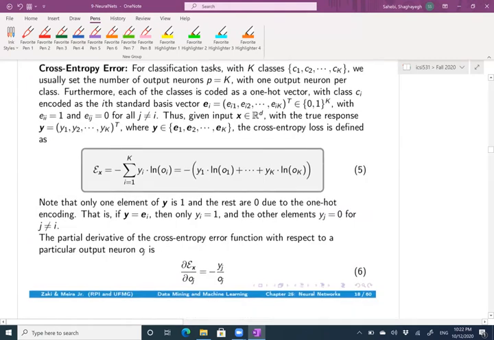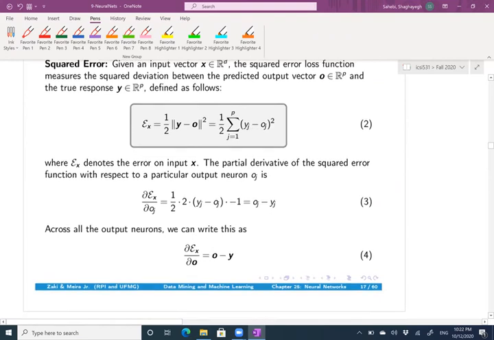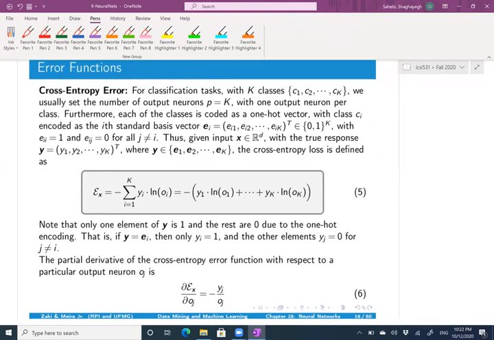But if our response, if our output is categorical, instead we can use cross entropy error, right?